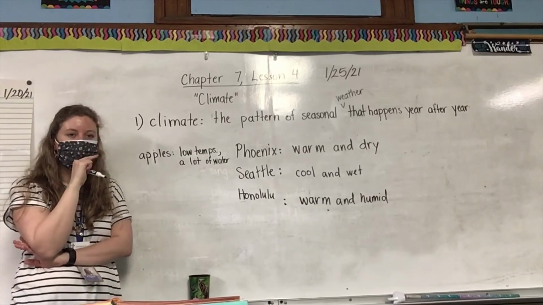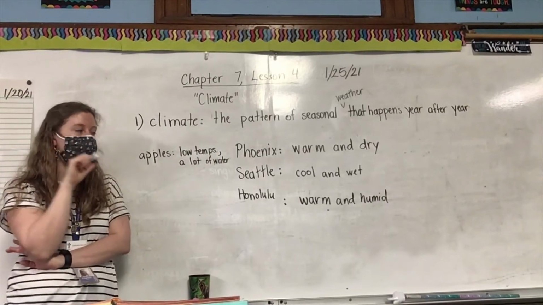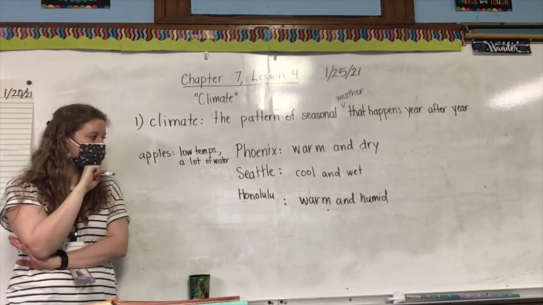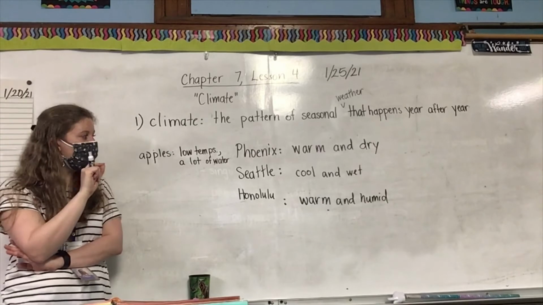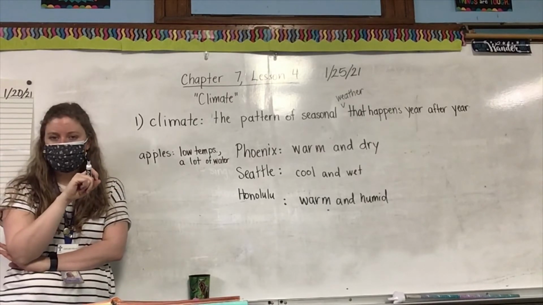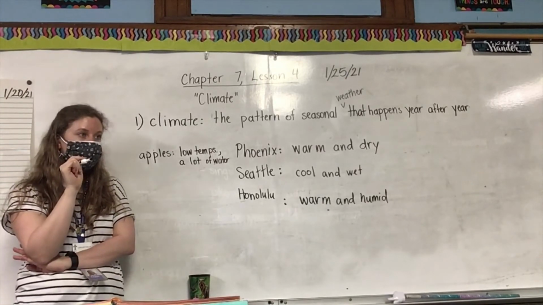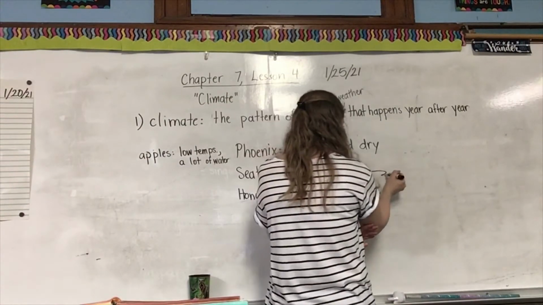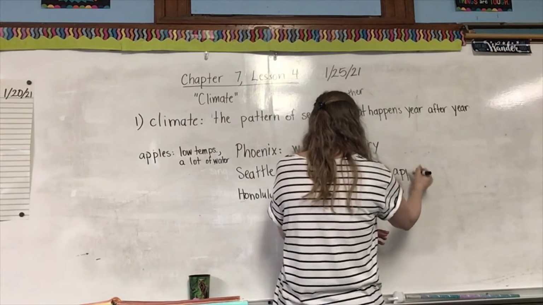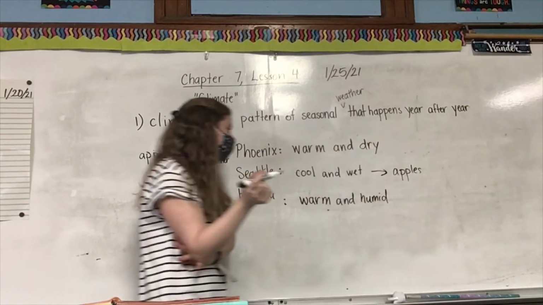Where do you think would be the best place to start your apple farm? Phoenix, Seattle, or Honolulu? Apples need low temperatures and a lot of water. Seattle. So if we want to grow apples, we're going to go to Seattle.